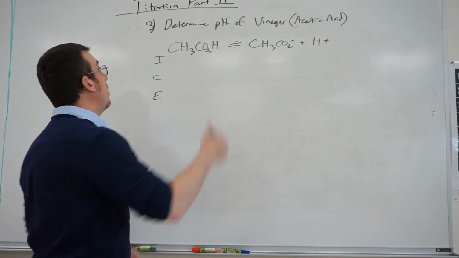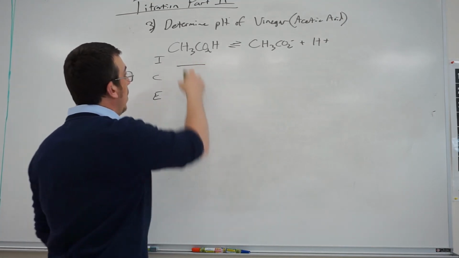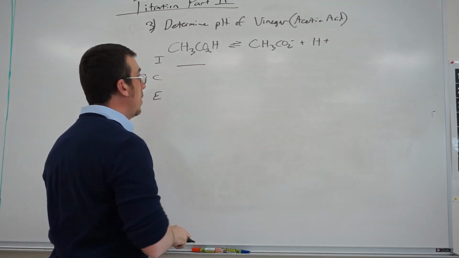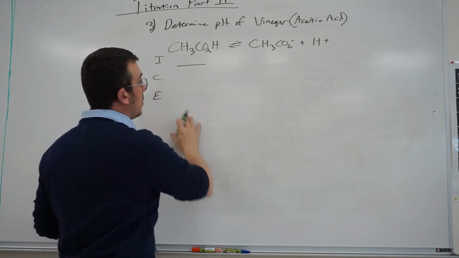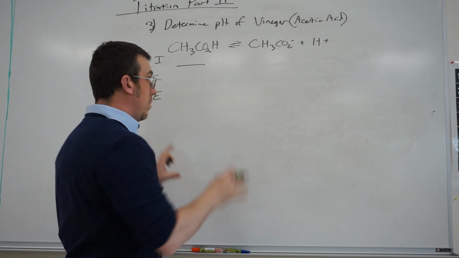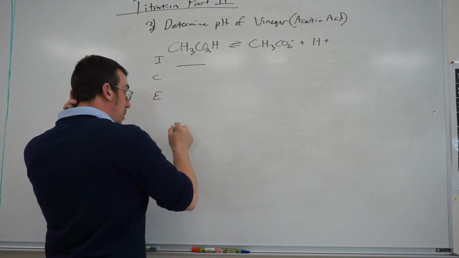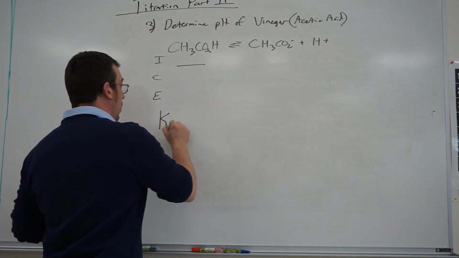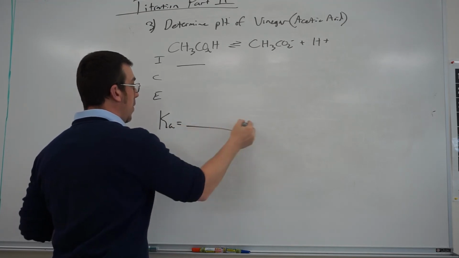Second thing you need to do is go back to part two and figure out the molarity of the acetic acid, and then you'll fill in this ICE chart just like we talked about in the lecture. Once you've filled in your ICE chart, then you're going to set up the equilibrium expression. We're going to look the K value up.